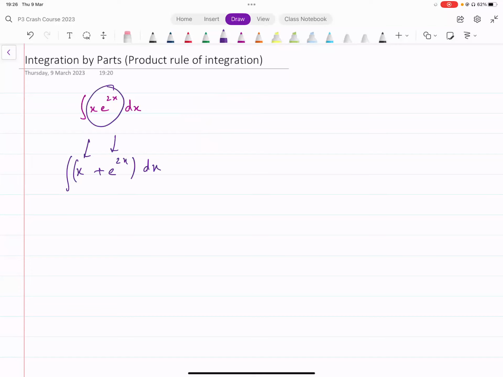But if it's a product, it's one single term. We can't integrate those two expressions separately. We need some proper way of integrating products. So how do we integrate products like this? That's what we want to do today.